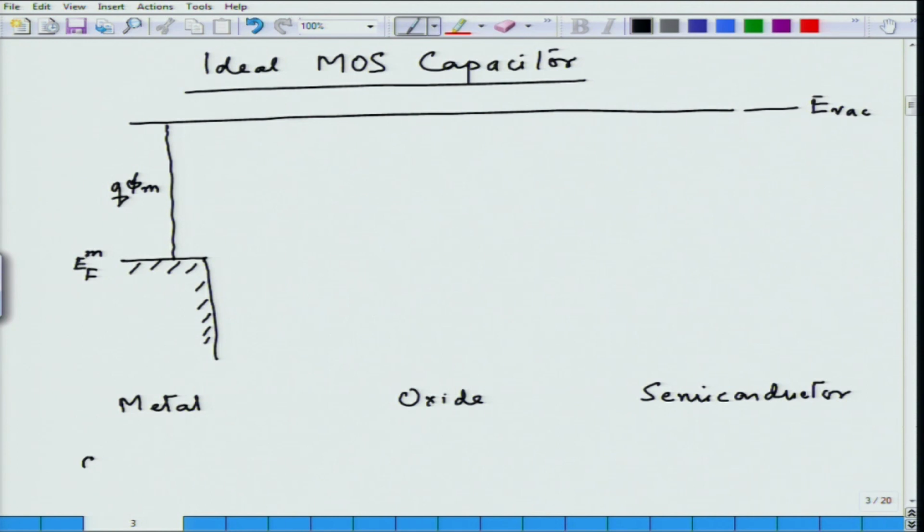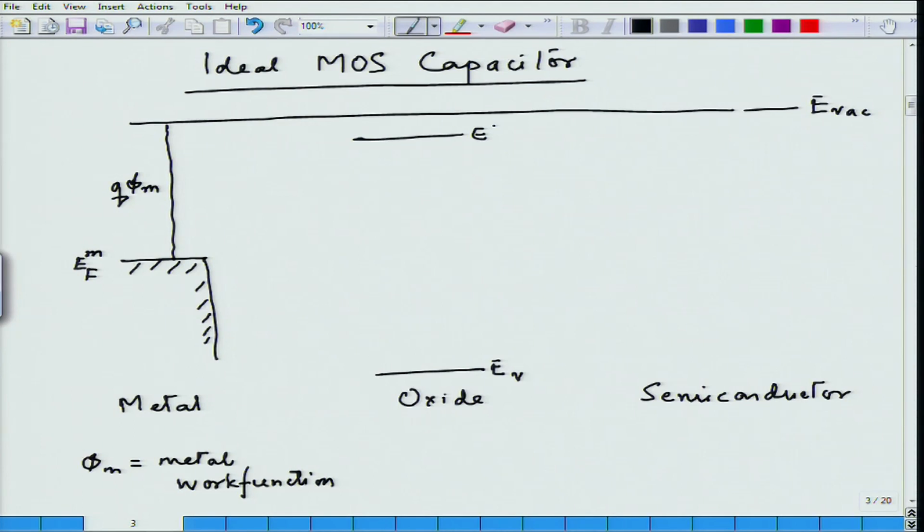So, phi m is the metal work function, and this is all with reference to the vacuum level. If you look at the oxide, oxide is basically a very wide band gap. You can think of it as a very wide band gap semiconductor.